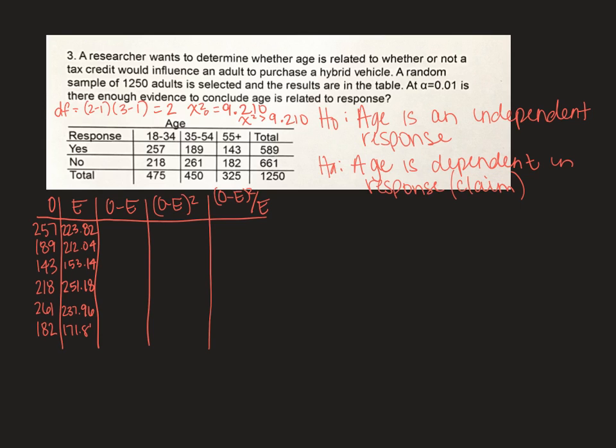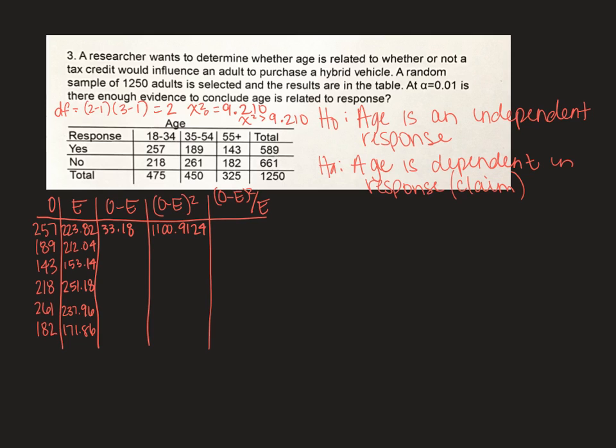So observed minus my expected, and every time I subtract, I'm going to go ahead and square it and then divide it by the expected, and just finish off each of those one at a time. So 257 minus 223.82 is 33.18. Squared is 1100.9124.